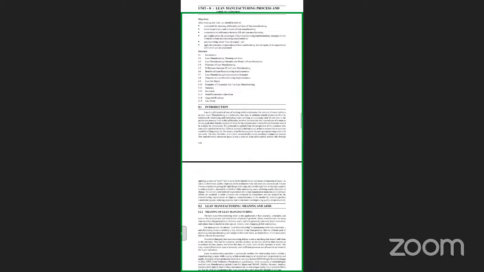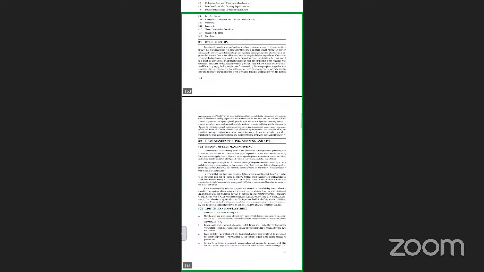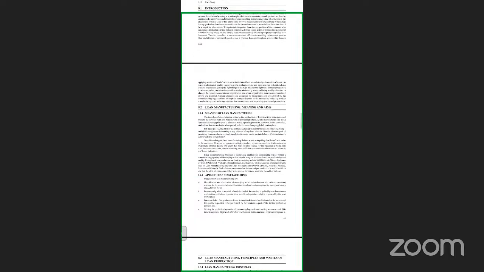Its main aim is to maintain smooth production flow continuously and eliminate waste, which in turn increases the value of activities in the production process. So let us understand lean manufacturing meaning and its aims.